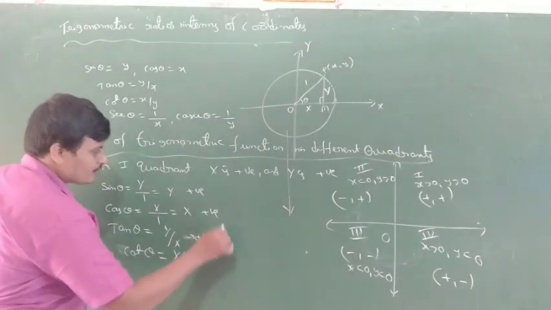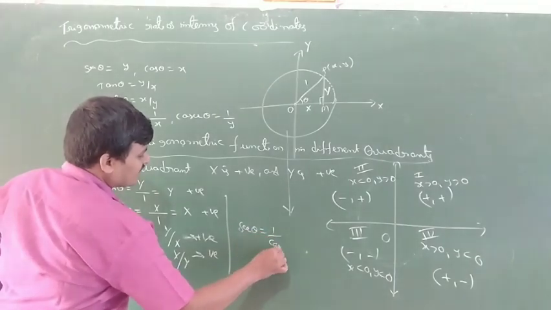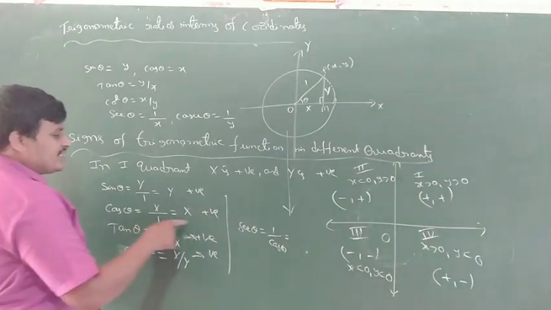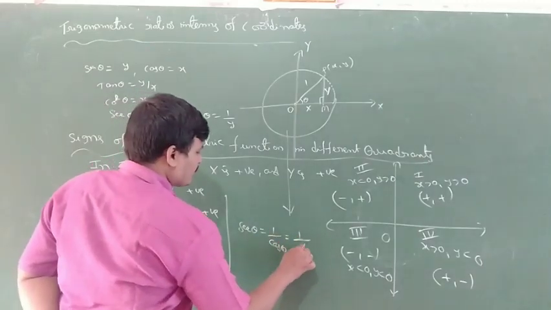Next, what is secant theta? Secant theta is equal to 1 by cos theta. 1 by positive is positive, 1 by negative is negative. So cos is positive means secant is also positive. Cosecant is 1 by y; sine is positive, so cosecant is also positive.